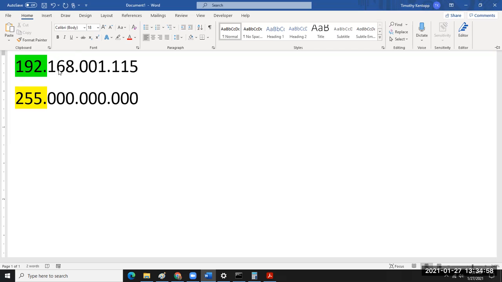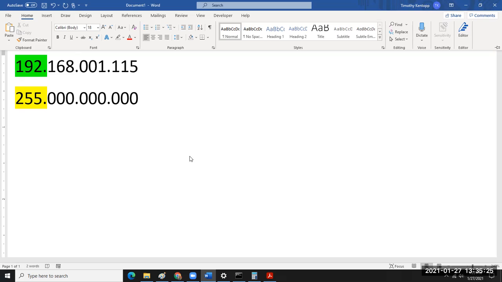And then in this range, if I have .0, I can have .0.1, .0.2, .0.3, .0.4, right? So these are huge numbers. 32 bits of binary values for a network address amount to about 4 billion devices. And we have a problem.